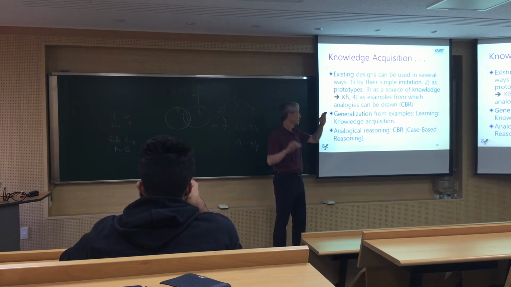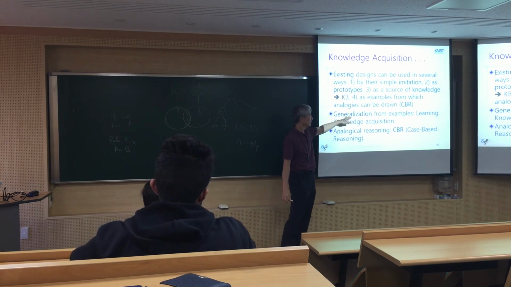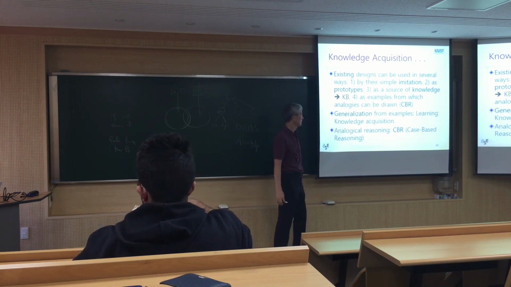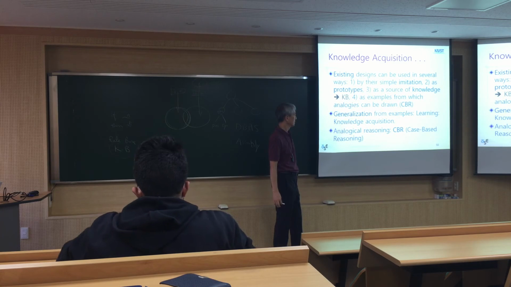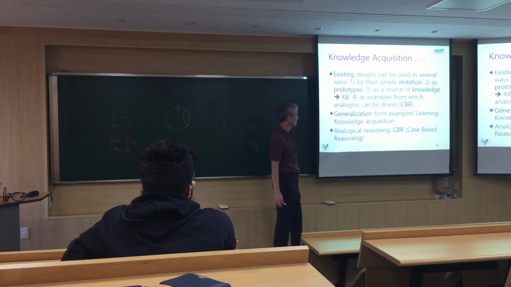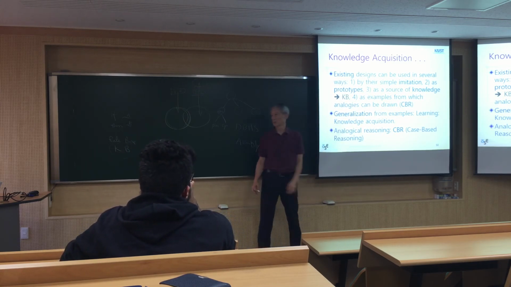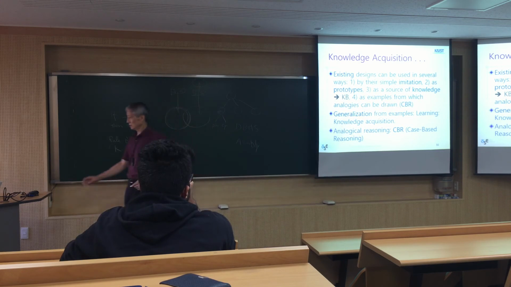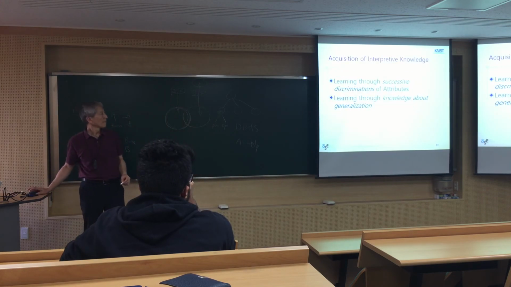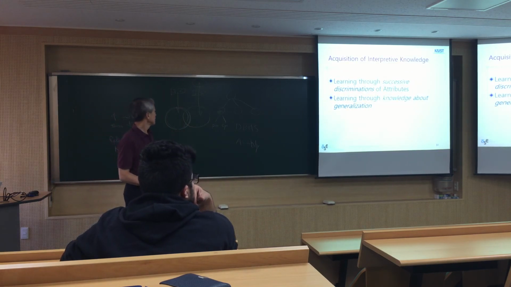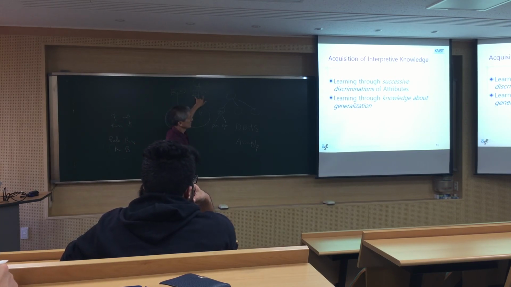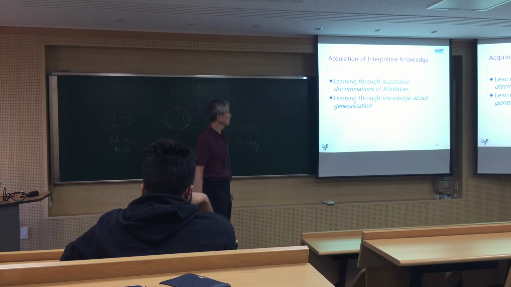So it is a generalization, and we call this creative knowledge acquisition, generation of knowledge. Reasoning is case-based reasoning. Interpretive knowledge is here. One way of acquiring this knowledge is successive discrimination of attributes.